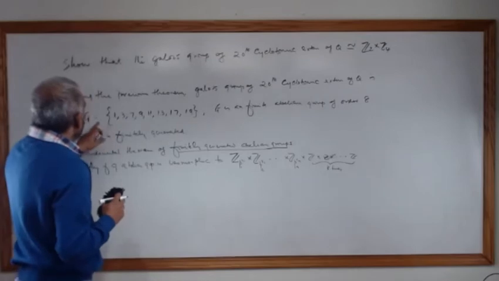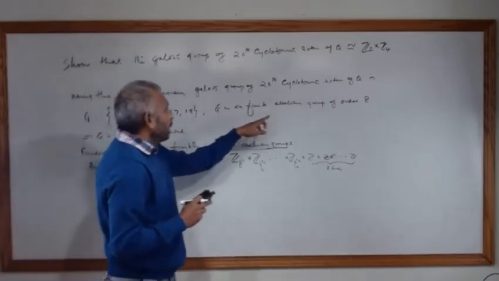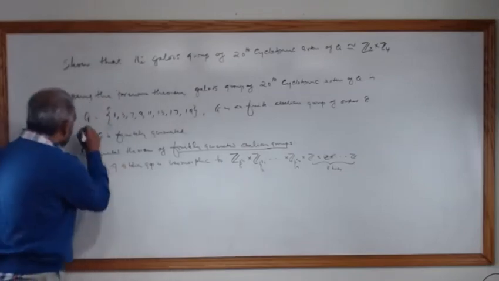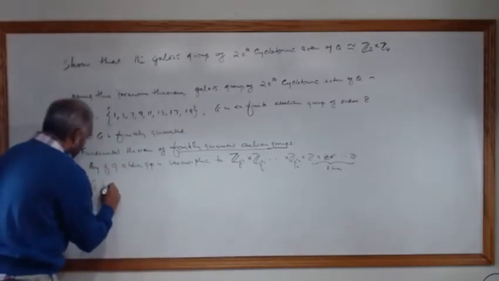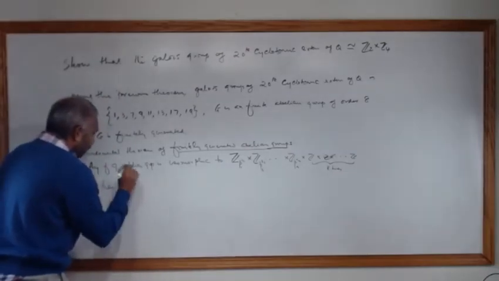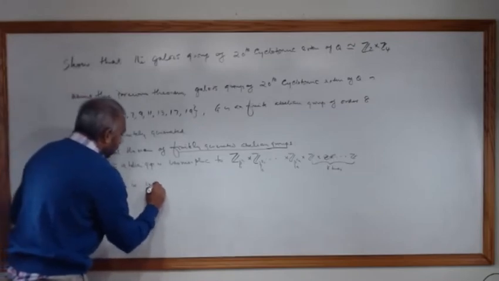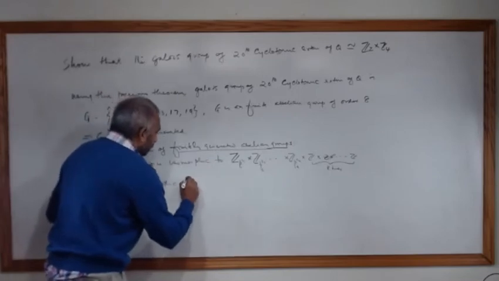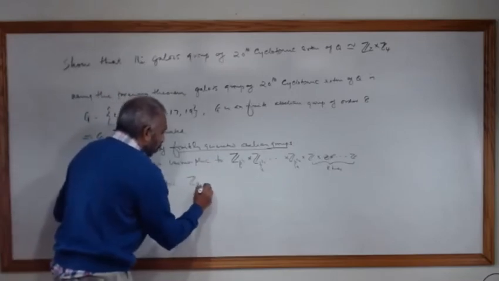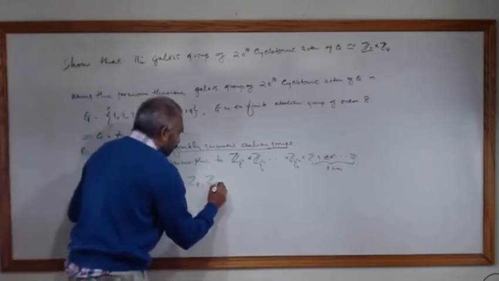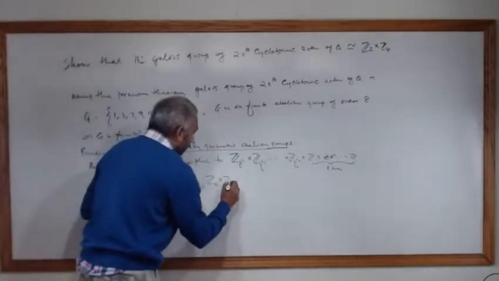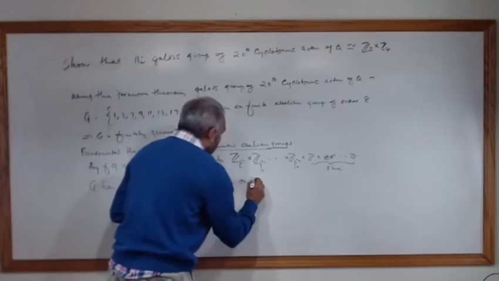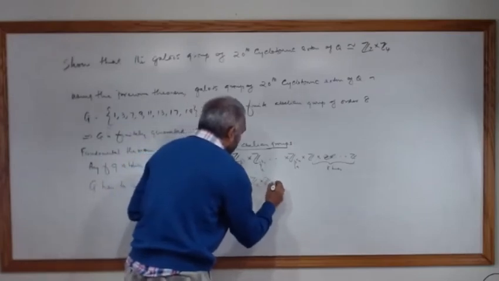So here we have a finitely generated abelian group of order 8. So G has to be isomorphic to either Z8 or Z2 cross Z4 or Z2 cross Z2 cross Z2.